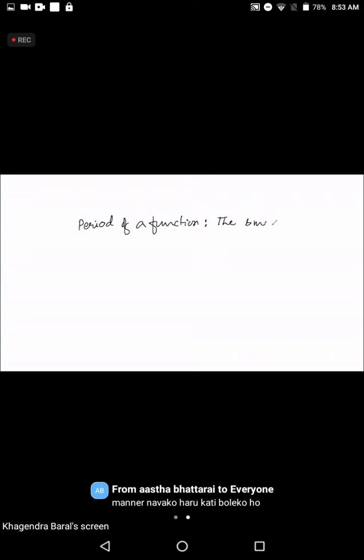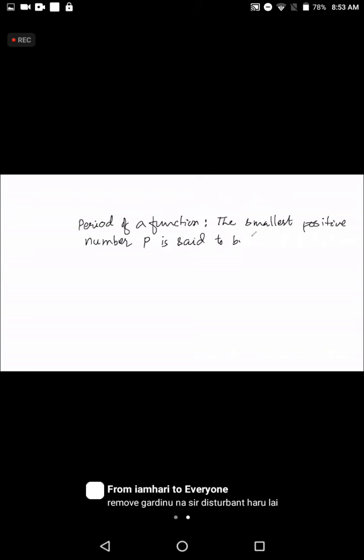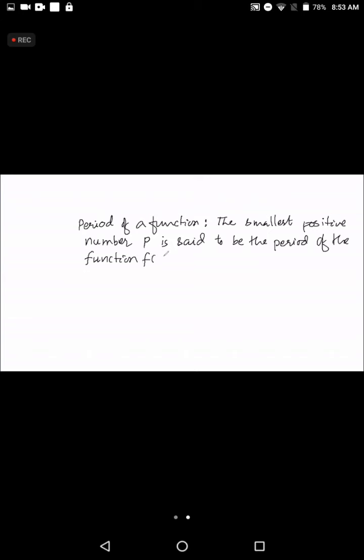Now we can define here the periodicity of a function. Period of a function: the smallest positive number, let us say p, is said to be the period of the function f of x if f of x plus p is equal to f of x.